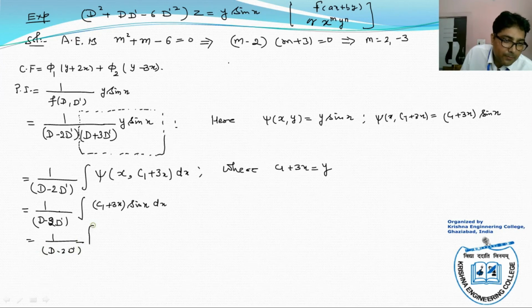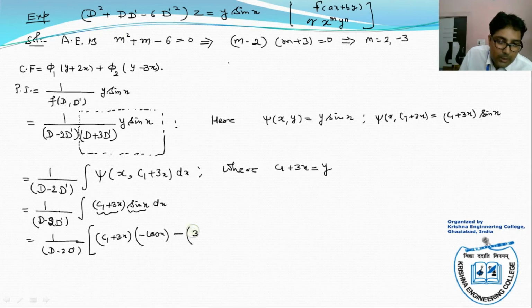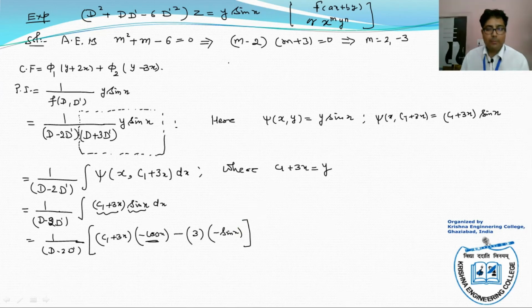Integrate this by the Leibniz rule. Take u this and v this. So u is (c1 + 3x), and integration of v, sin x, is minus cos x, minus differentiation of the first function, which is 3, and again integration of this function is minus sin x. Bracket close.